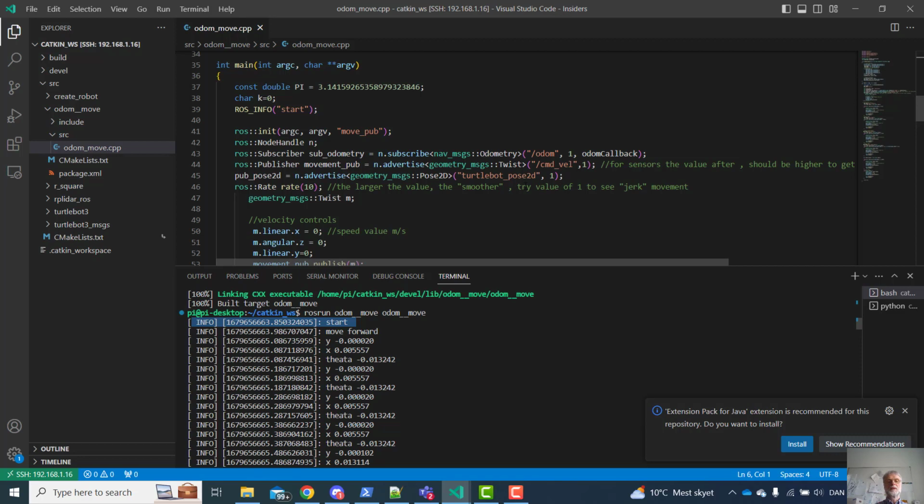And then we have the advertising publisher, and you can see that it is relying on this Pose2D, so it is to get the advertisement of the position. And then the frequency or the rate which it runs with.